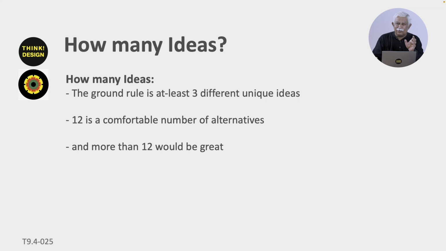Okay, so that's what we call the minimum. If you want to be a designer, a dozen is a comfortable number of alternatives, and if you can do more than a dozen, that would be great. Okay, so think of the ideas. The more ideas that you have, the more choices you have to make selections and create alternatives.